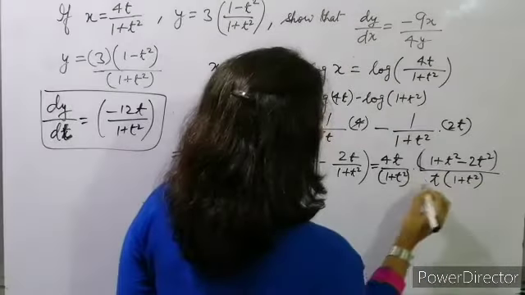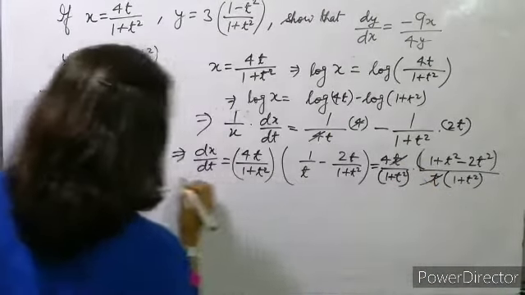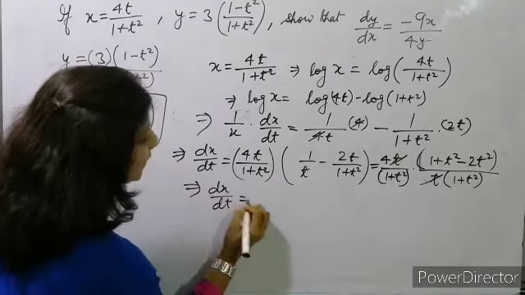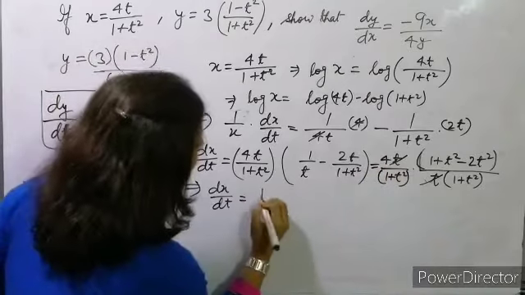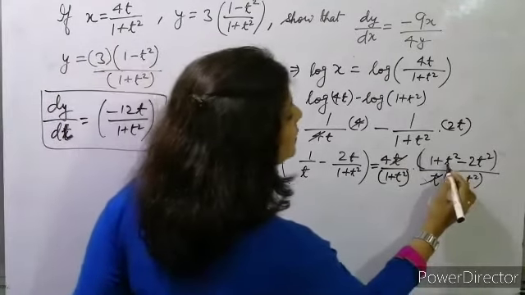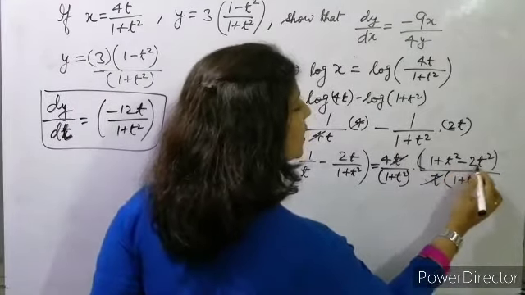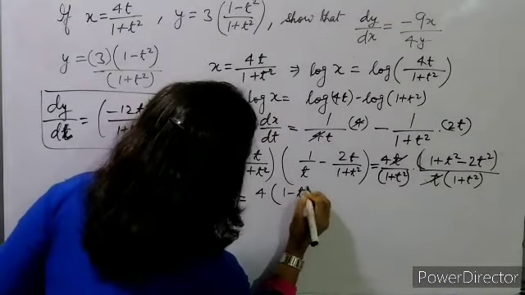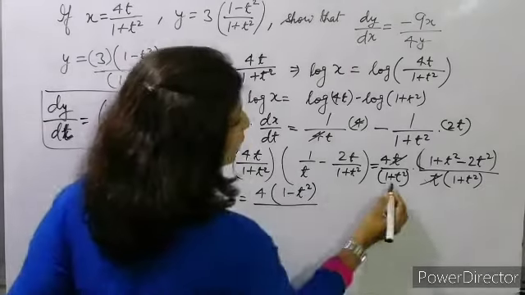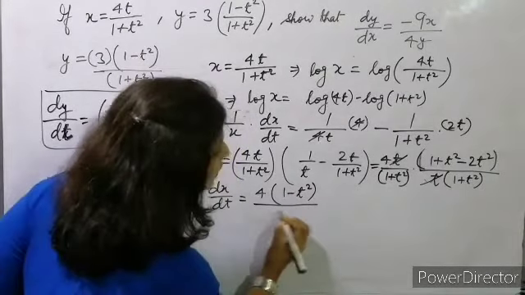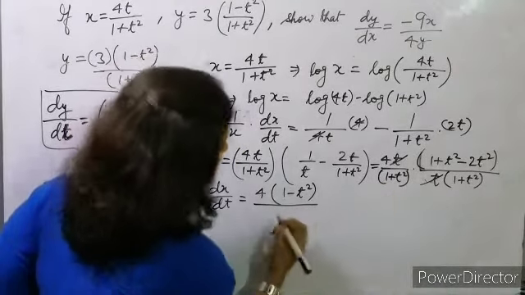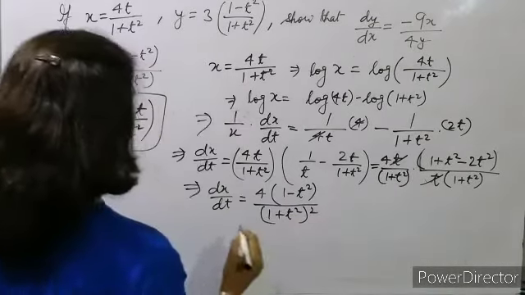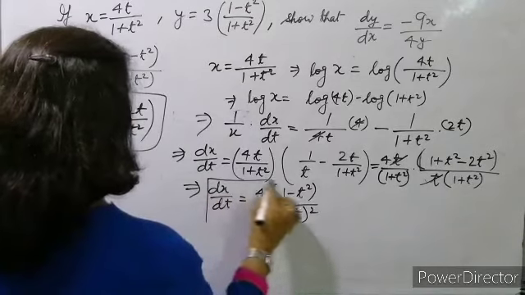Okay, so t cancels, so we'll get the value of dx upon dt. What will we get? 4 into 1 minus t square minus 2t square will give minus t square, so 1 minus t square divided by 1 plus t square into 1 plus t square, so 1 plus t square whole square we are getting. Okay, so this is the value we are getting.